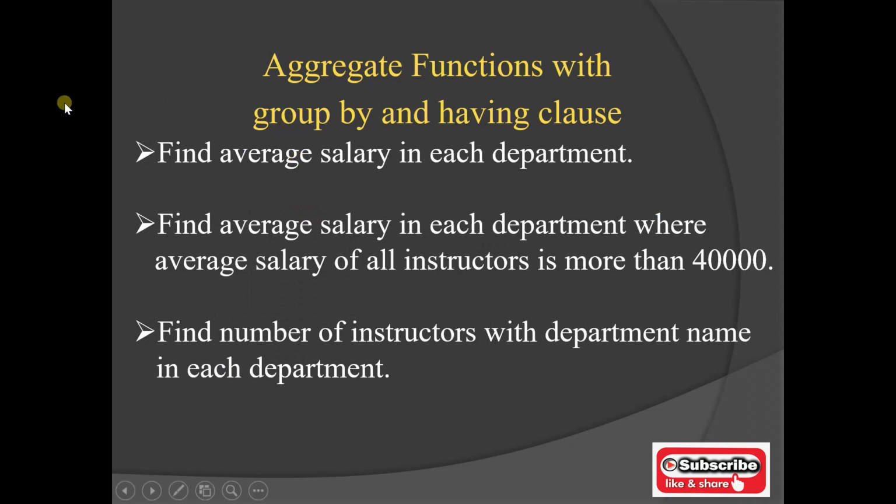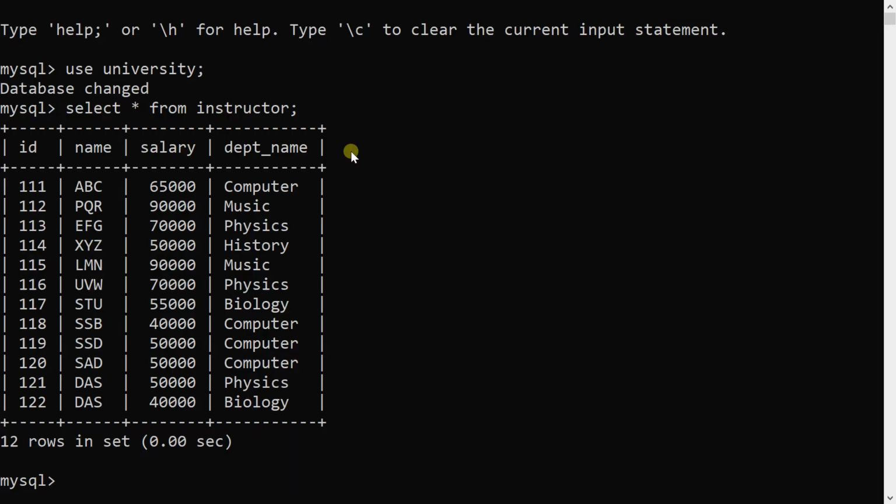So the first query is find average salary in each department. The word "each" has come, so we will be using the group by clause and we have to retrieve information like average salary. So how will I execute this query? Select AVG, AVG is my aggregate function.